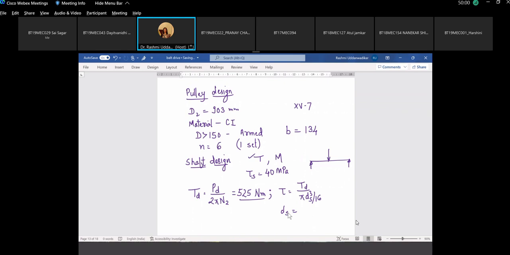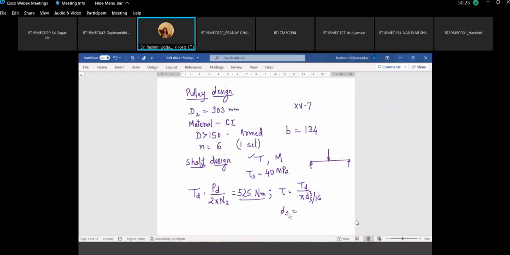You can refer to the material of the shaft, where normally the standard shaft materials are given with the value of shear stress. It's given on page number 111, table 11.4. Material of the shaft is normally given as SAE 1015, 1020.